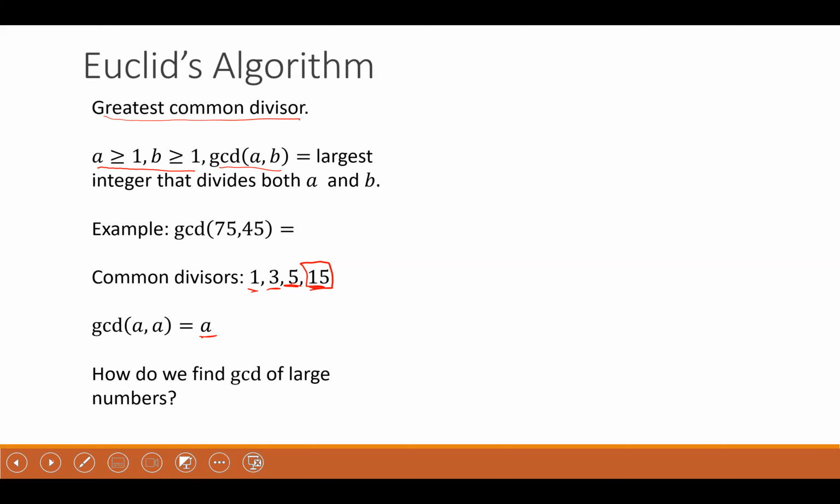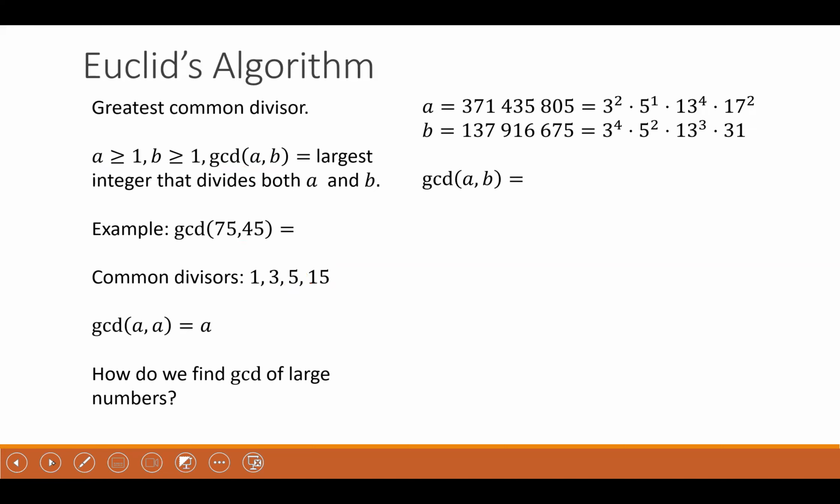So how do we find the greatest common divisor of really large numbers? These are relatively small, but I could have, for instance, these 2 numbers. The first attempt, we could try brute force. Brute force is, in this case, taking the prime factorization of these numbers. Every number can be written as a product of prime numbers, because if the number is not prime, it's divisible by some other number.